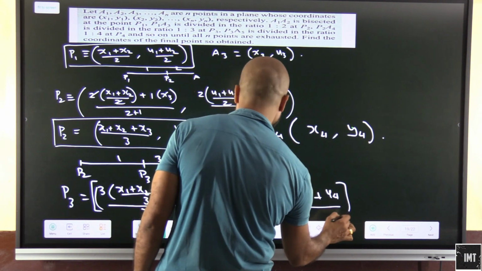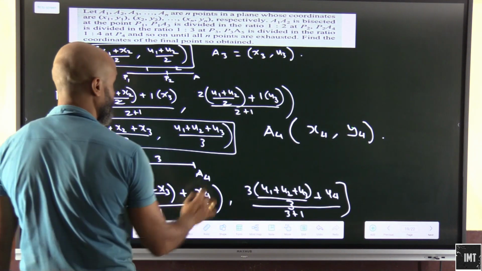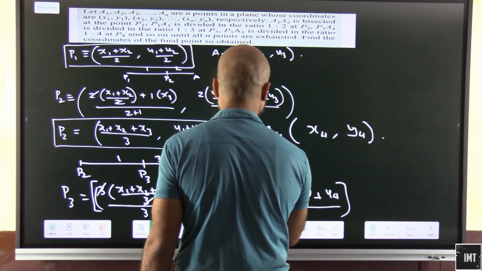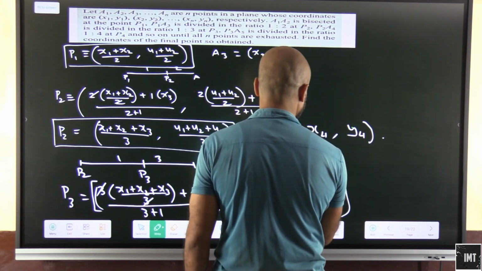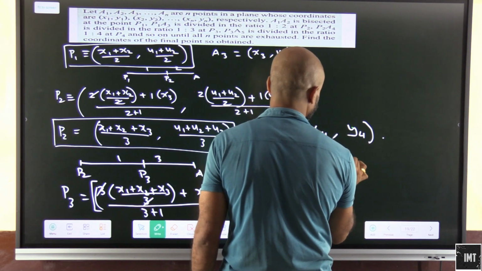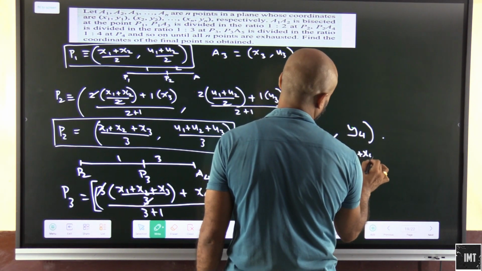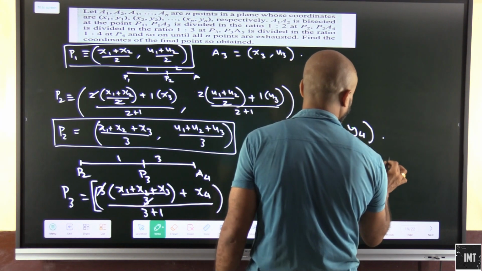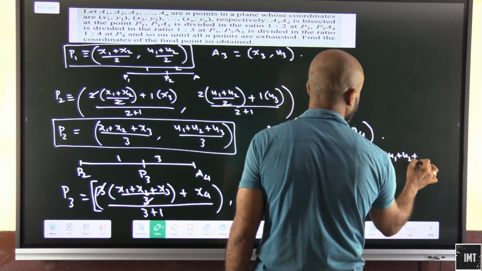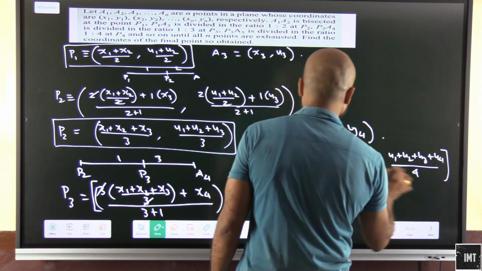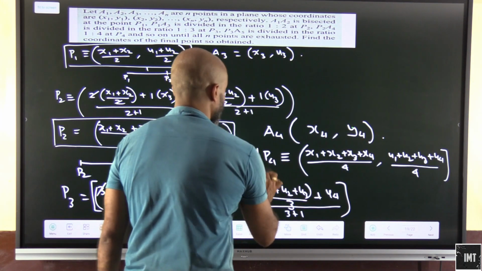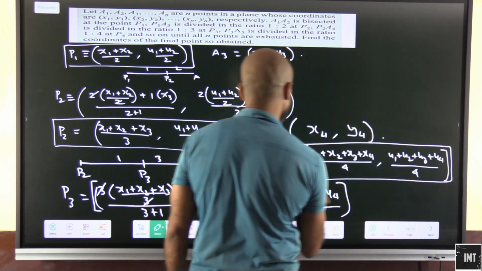So p4 will have coordinates x1 plus x2 plus x3 plus x4 upon 4, and y1 plus y2 plus y3 plus y4 upon 4. These will be the coordinates of p4.